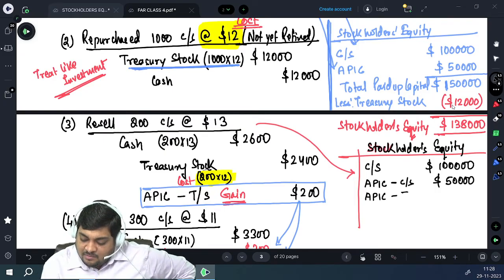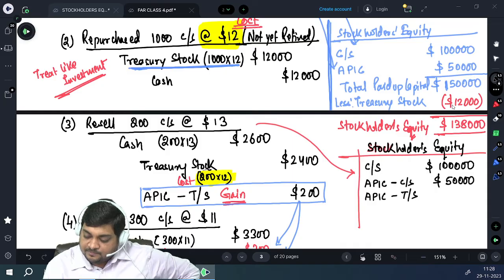We have additional paid in capital treasury stock 200.